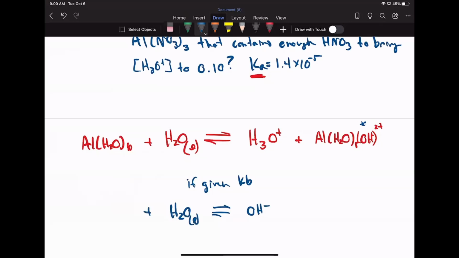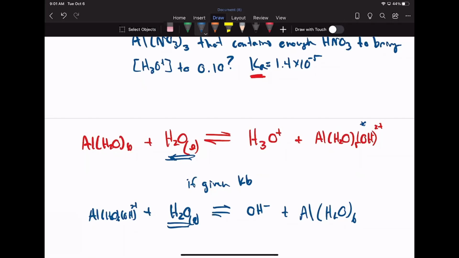And then I would have Al(H2O)5OH2+ over here. So I'd have a much different reaction if I was given the Kb. Again, this reaction was written off of my information of knowing the Ka. We always add water; water will always be here.